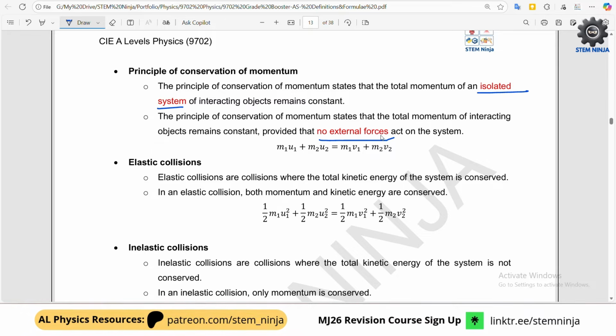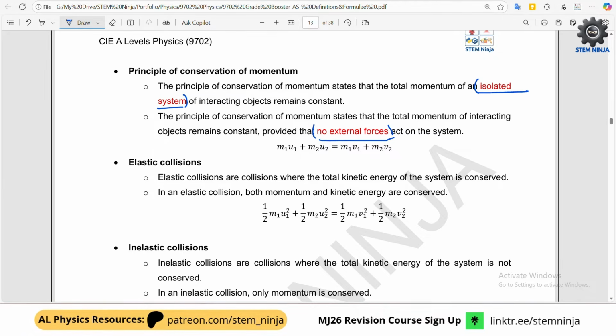But this is an important point. It's not just that the total momentum remains constant, or the total momentum before and after collision remains the same. The point that this is an isolated system of interacting bodies or colliding bodies, or that no external forces act on the system of the bodies, is also important.